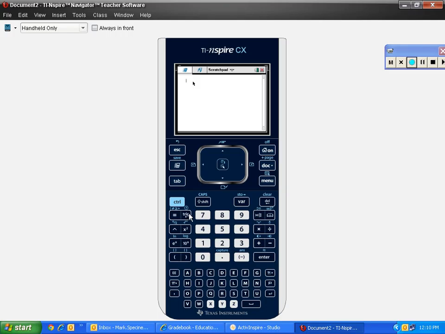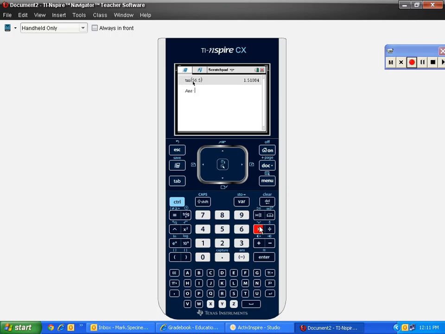Now you go to your trig functions, you go to tangent, and you put in the value, which was 56.5. You put in 56.5, it gives you 1.51084.